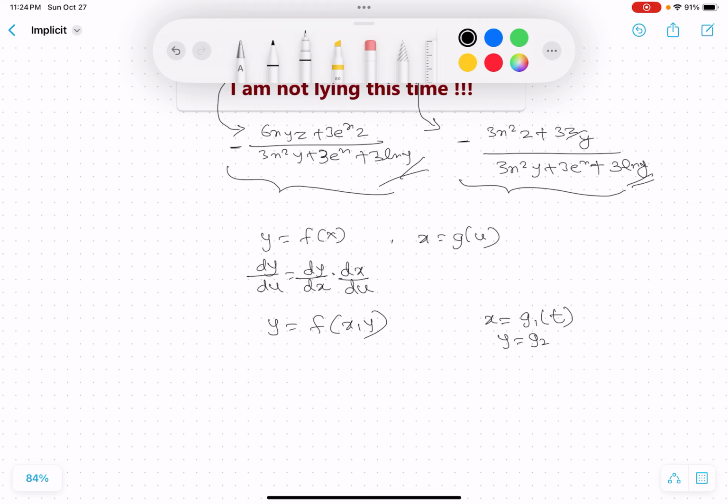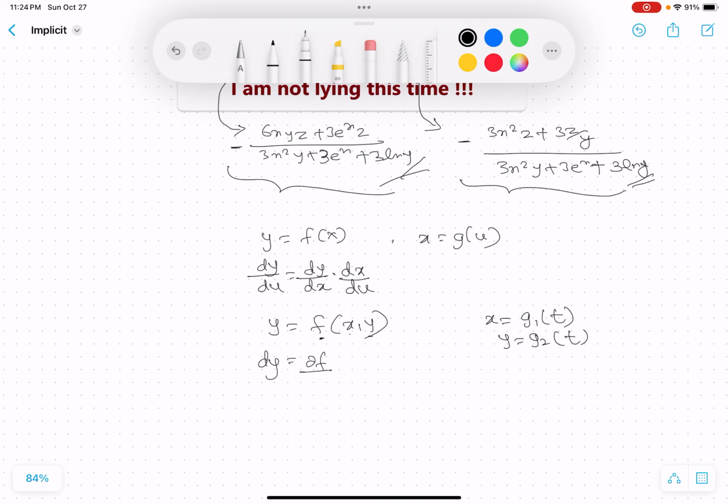Now in the case where we had y as a function of x and y, and both x and y were, let's say, functions of t, we know that there's some change dy. The change dy will be caused by the change in f due to the change in x, and the change in f due to the change in y. So we write them separately: the partial rate of change of f with respect to x times the change in x, which is the change in the function caused by the change in x, plus the change caused by the change in y.